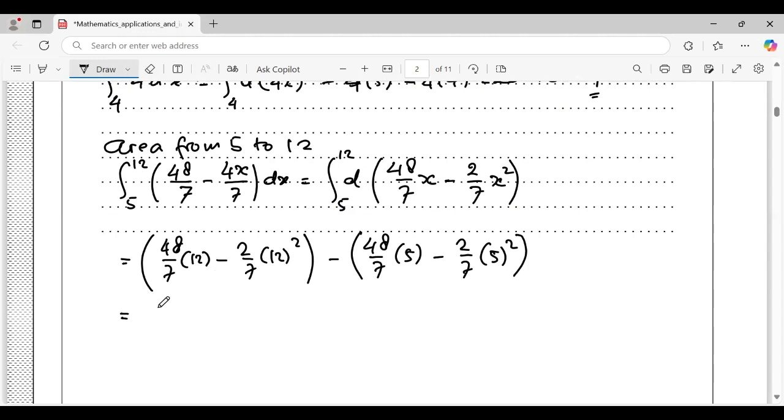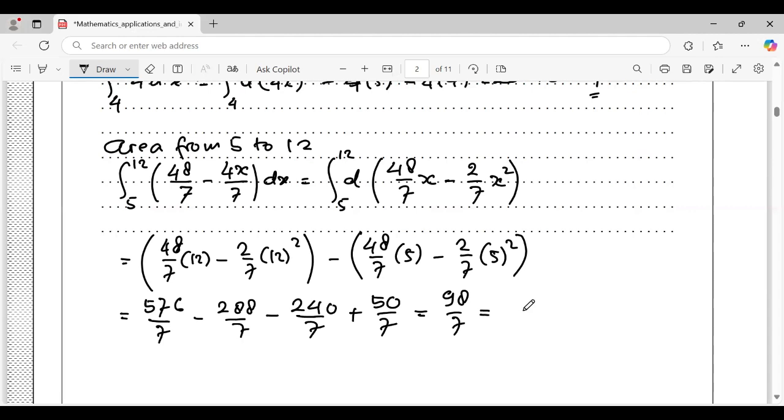And if you calculate, this is 576/7 minus 288/7, minus 240/7, plus, because minus minus, 50/7. Calculate, the result is 98/7, and it is 14.